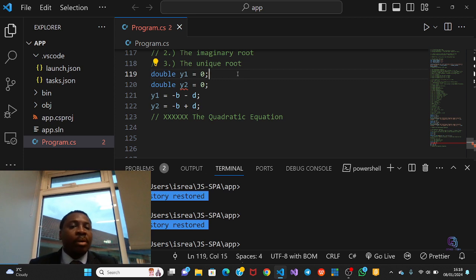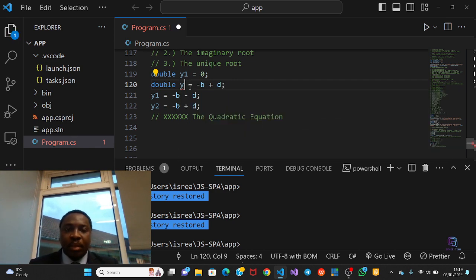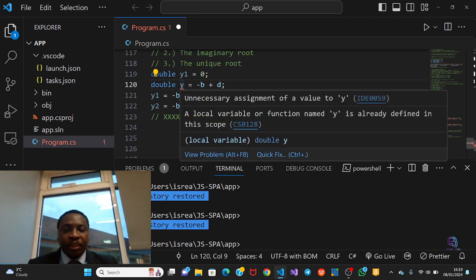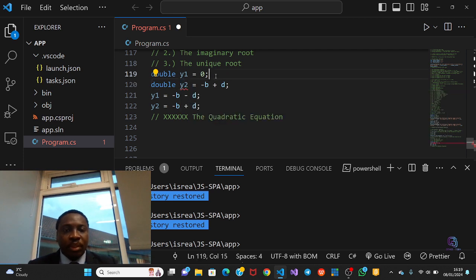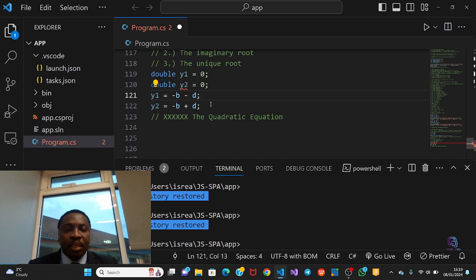So I might say, okay, unnecessary assignment of y2 to this, then Control C, Control V. So let me just look at it and say, okay, a local variable for value y already exists. So let me just use y2 is what, double. Let me just take it back. y2 is equal to 0. So y2 is what? Minus b plus d plus d.